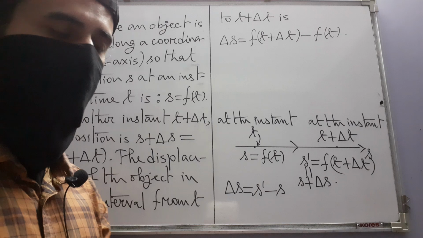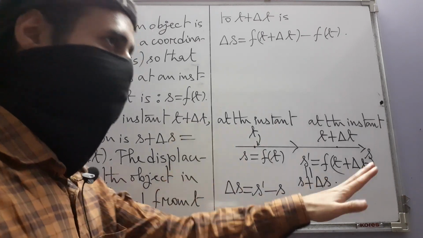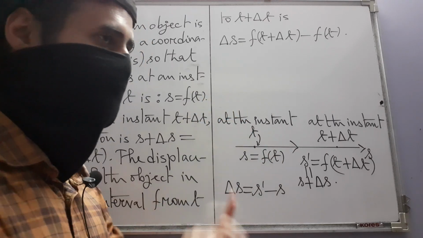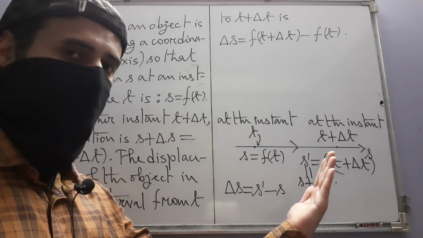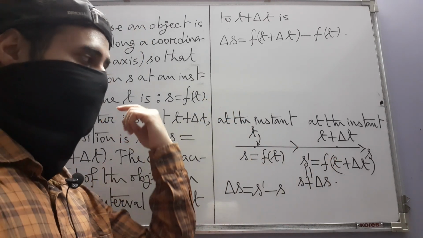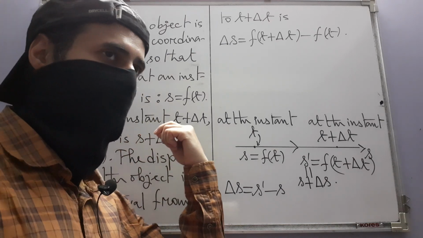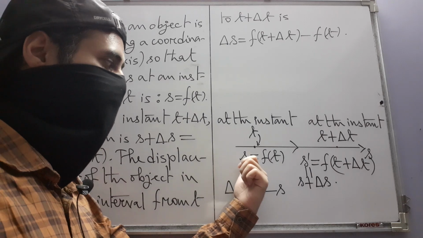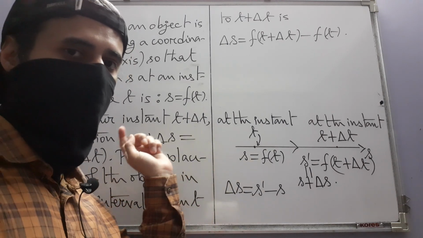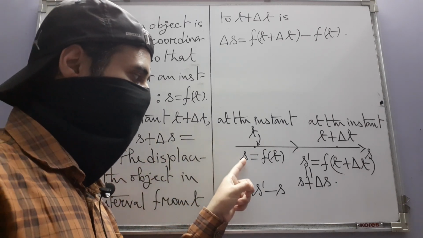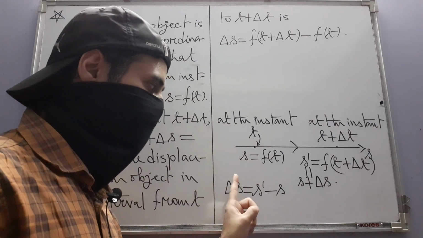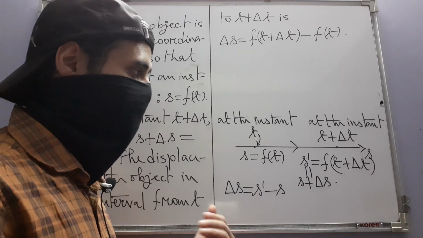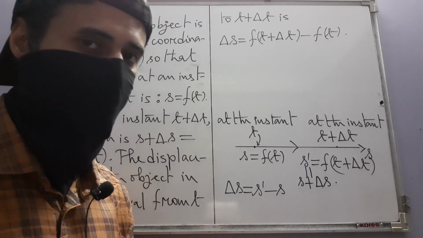In that case, as time passes by, say at the instant of time t, this is where the object lies. At a later instant, it will lie there. So the new real number you are going to get as the later position of the object will be smaller than this real number. Now from that smaller real number, if you subtract this larger real number, you are bound to get a negative value. So displacement can become negative.